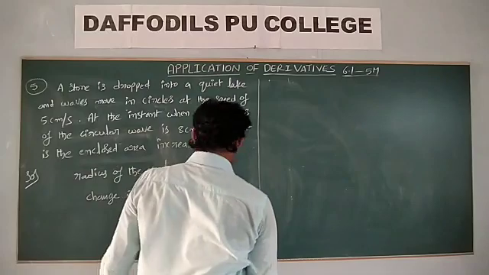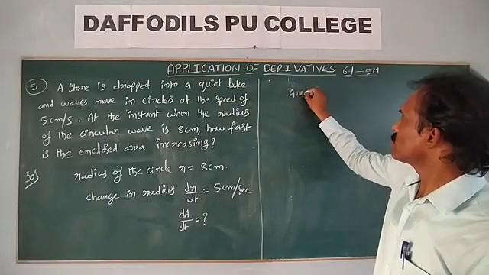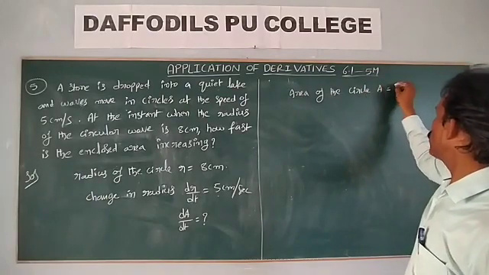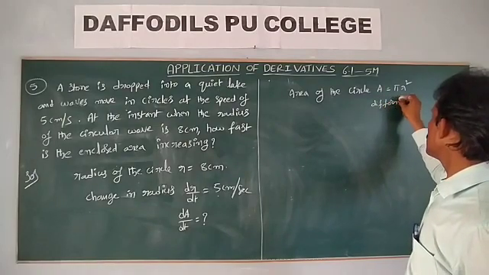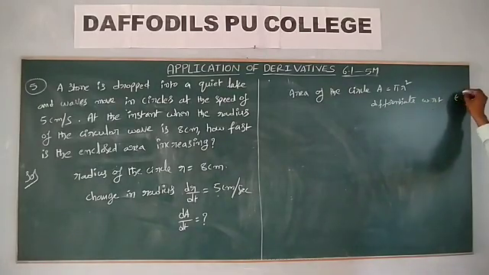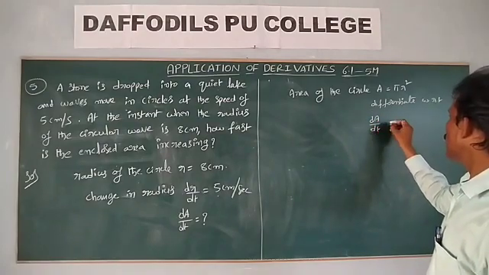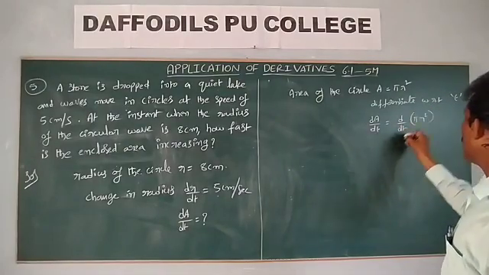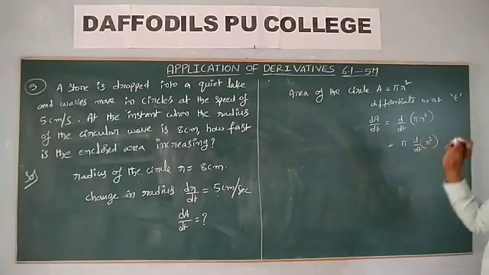Okay, same as before. What is the area of the circle? Area of the circle A is equal to pi r square. Differentiate with respect to t. dA by dt is equal to d by dt of pi r square, pi constant, d by dt of r square.